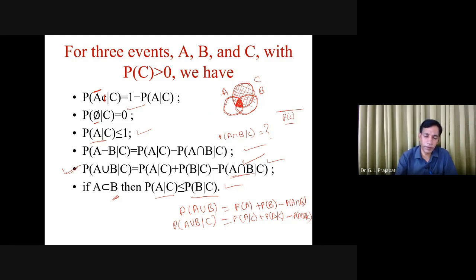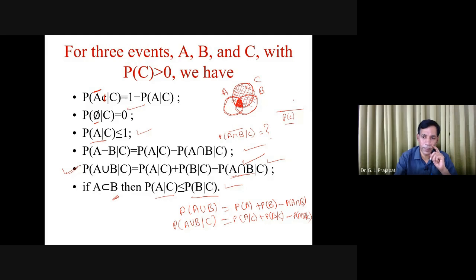Somebody tells you that event C occurred, which means the outcome can be anywhere in C. But your interest is the probability of A intersection B. This event will occur if and only if the outcome is here.